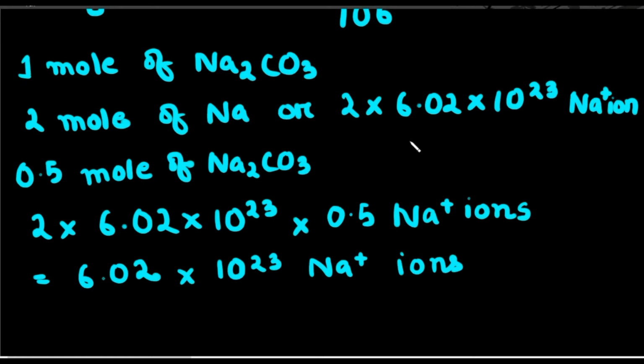So 1 mole of sodium carbonate contains 2 mole of sodium, or 2 into 6.02 into 10 to the power 23 sodium ions. So 0.5 mole of sodium carbonate will contain 2 into 6.02 into 10 to the power 23 into 0.5 sodium ions, which is equal to 6.02 into 10 to the power 23 ions. So this is the number of Na plus ions.